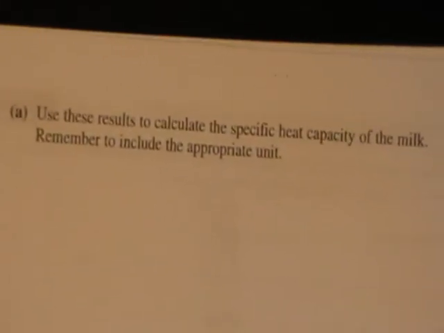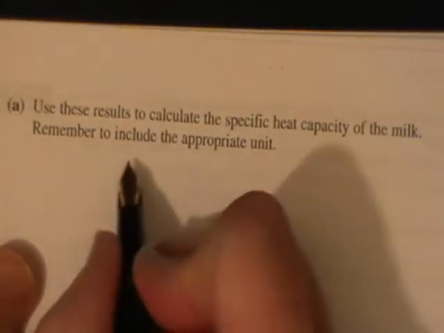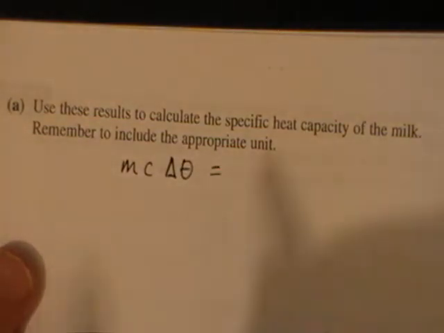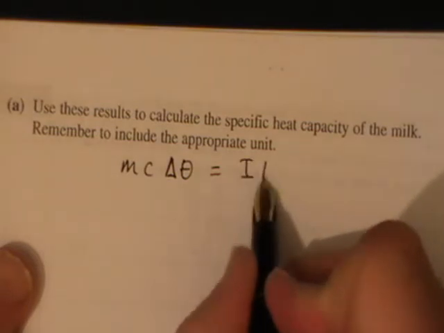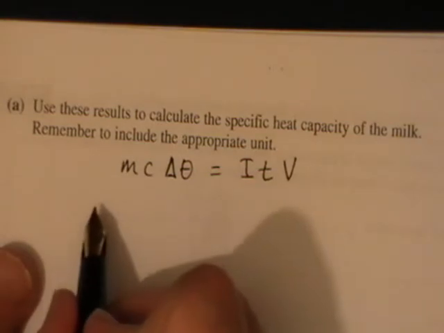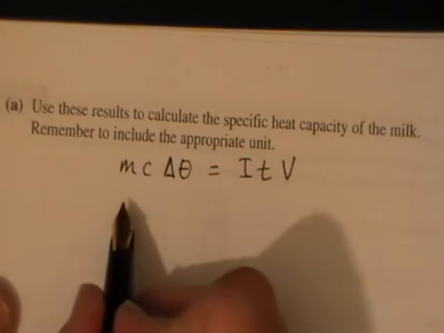And in fact, the first part of this is to use these results to calculate the specific heat capacity of the milk. So again, we'll just say MC delta theta is equal to Q, which is then equal to I times T times V. So whenever we fill these in, we have the mass.